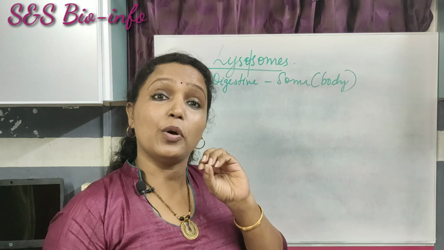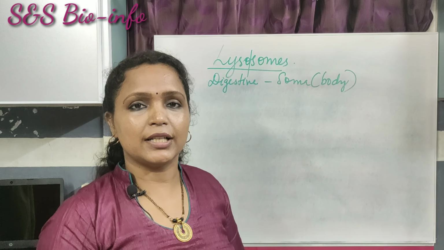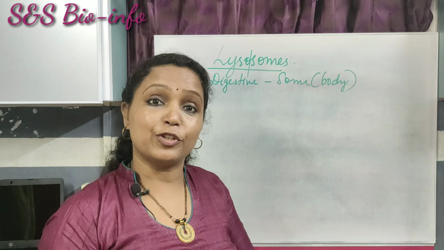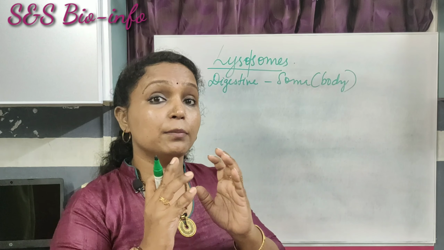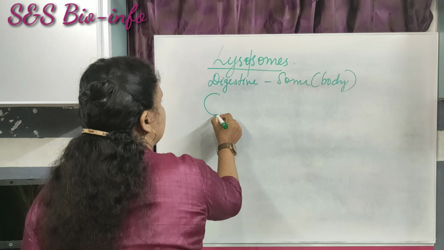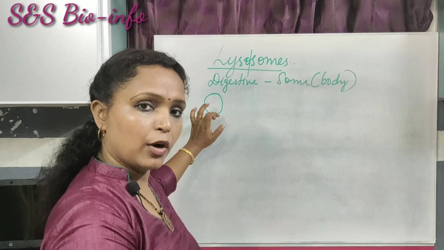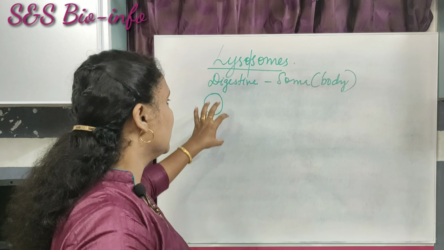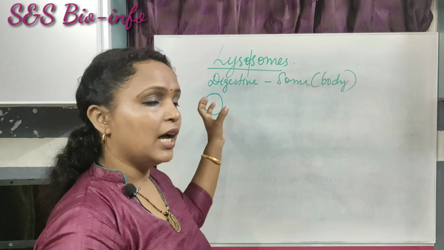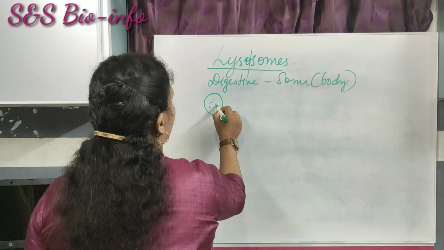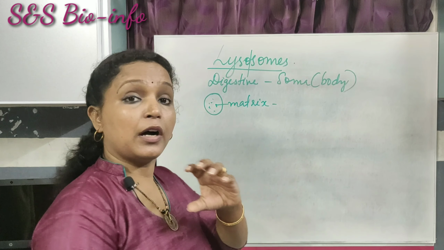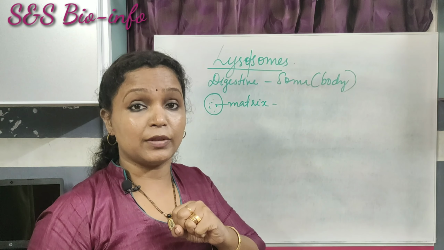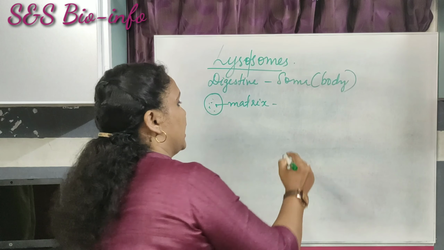These are found in almost all eukaryotic cells except the mature mammalian RBC. These are membrane-bound vesicles which are scattered in the cytoplasm. It is a spherical structure with a membranous cover, and the inner part is called the matrix, which has powerful digestive enzymes, that is, hydrolytic enzymes.